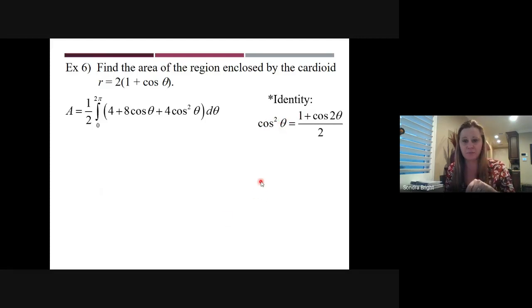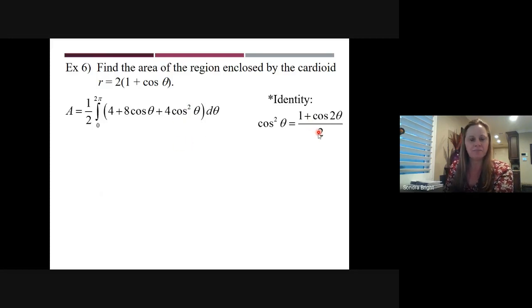I've talked about this before, that anytime you had a cosine squared or a sine squared, you would use the double angle identity, cosine of 2 theta, to rewrite this squared so that it's no longer a function inside of another function. So that's what we're going to do here. I'm going to replace this cosine squared with this identity. It's the double angle identity.